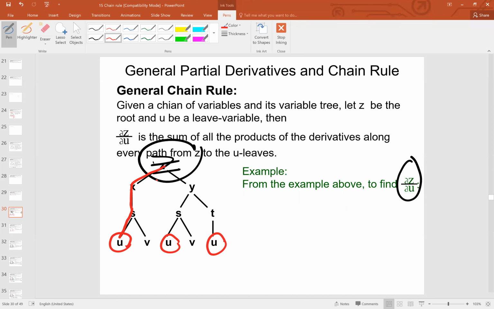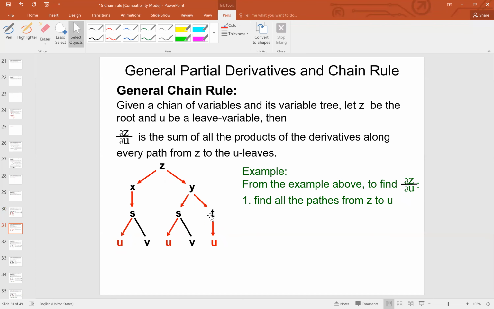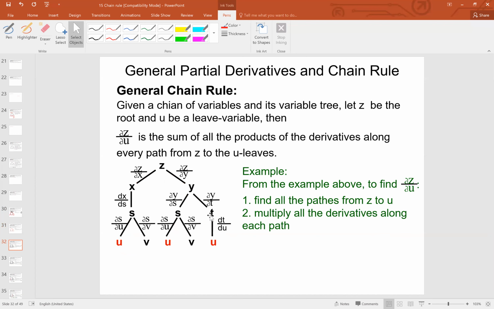So first, I find all the paths that lead to u. We single those out. Then we label each path with the appropriate partial derivative or regular derivative. For example, the first path is here: partial z partial x, times partial x with respect to s, times partial s with respect to u. That's the first leaf.